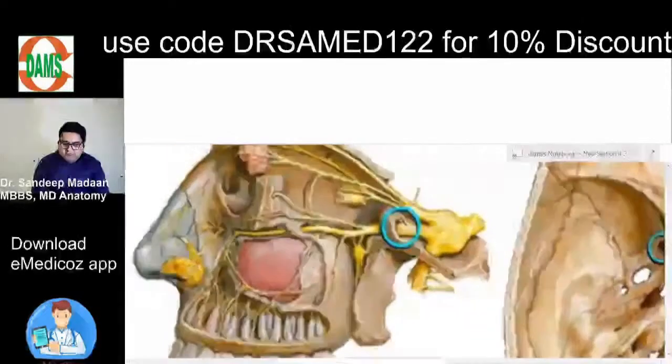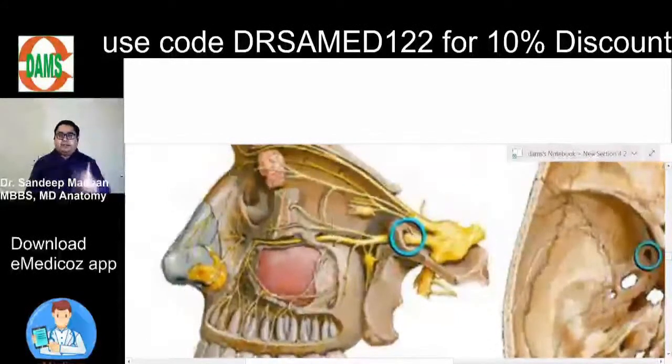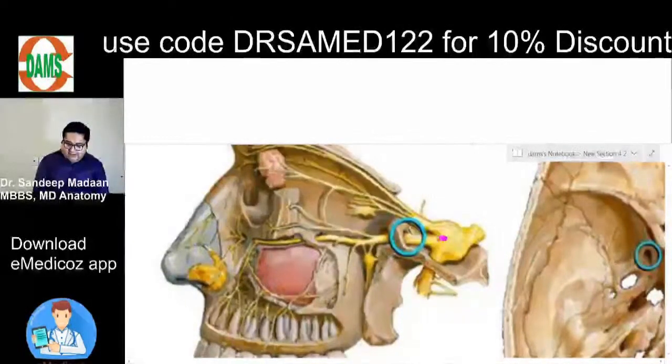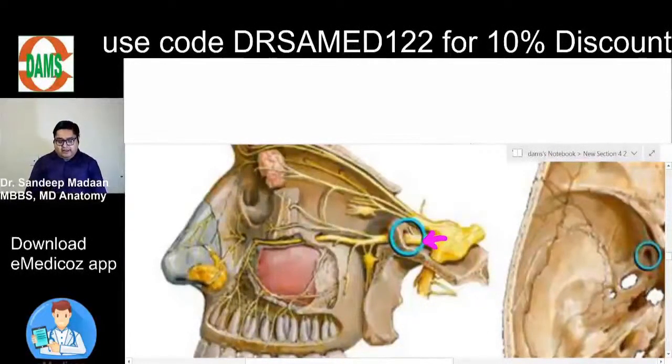So now that we have understood the ophthalmic division, all the three branches, let us understand about the maxillary division. Now what happens to the maxillary division? See, this is the maxillary division here. That is the second division of the trigeminal nerve.